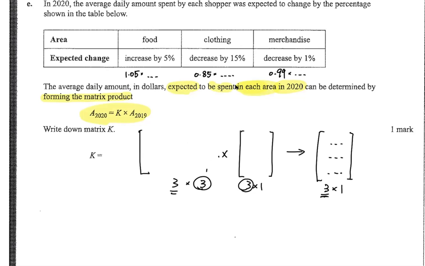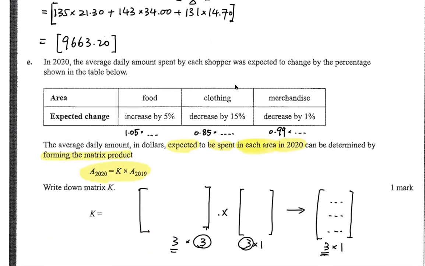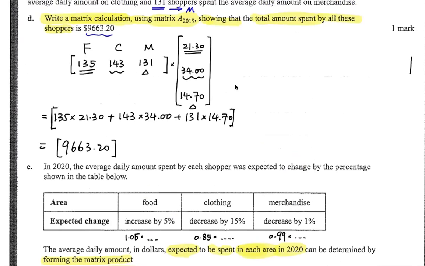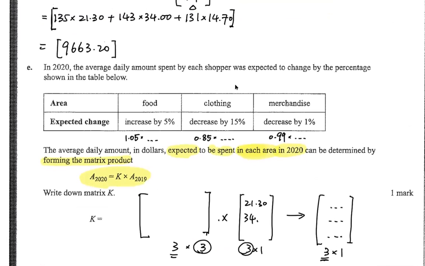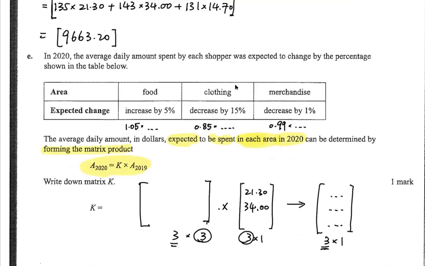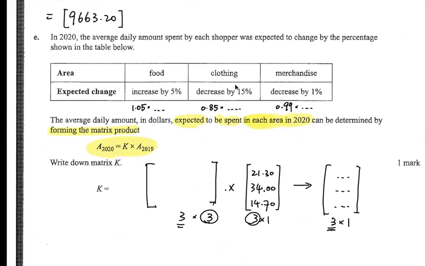So what we really want to write down is a 3 by 3 matrix. So let's say 21.30, $34.00, and 14.70.